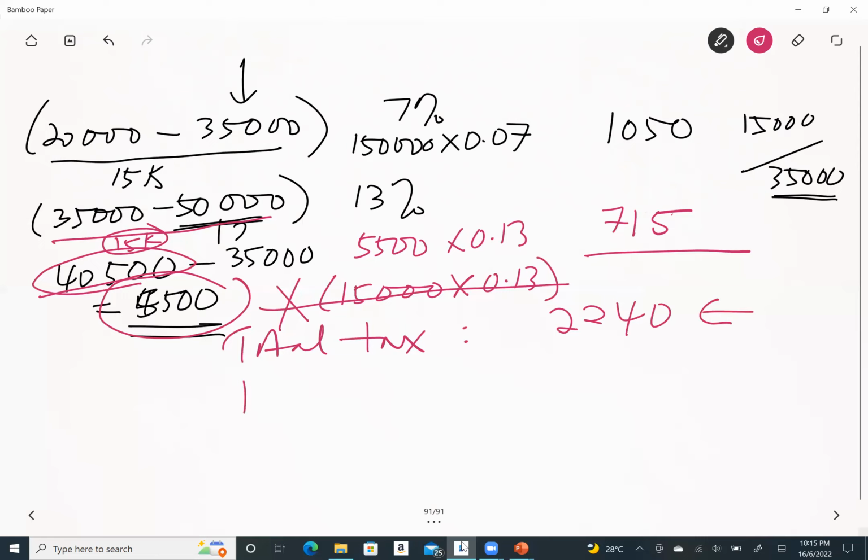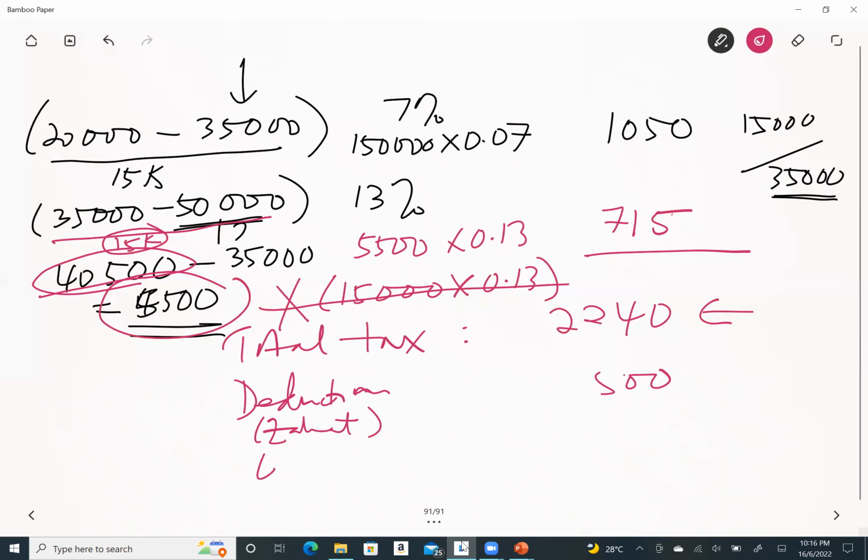And of course, there will be some deduction, if there is any. So for example, deduction for zakat. In our country, if you pay zakat on your income, that is considered tax. So you deduct. Suppose you pay zakat 500 ringgit, so deduct.